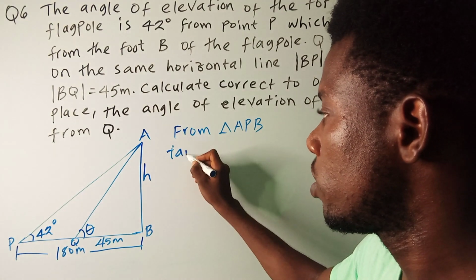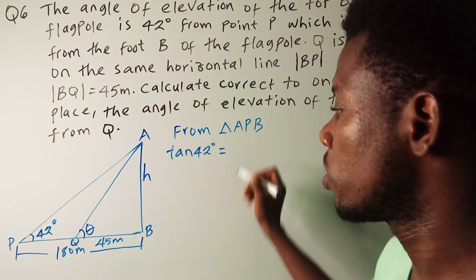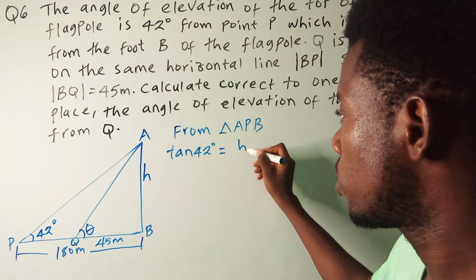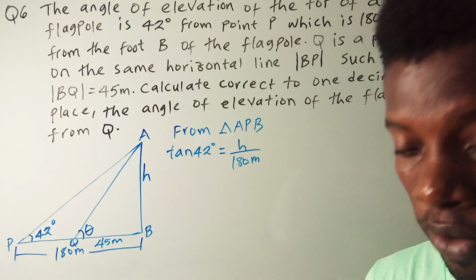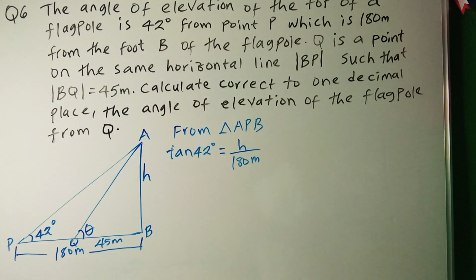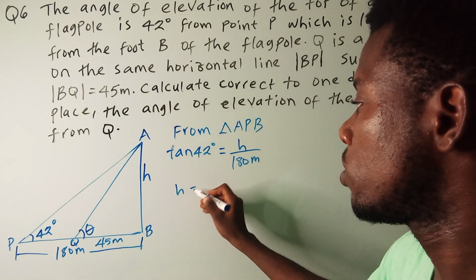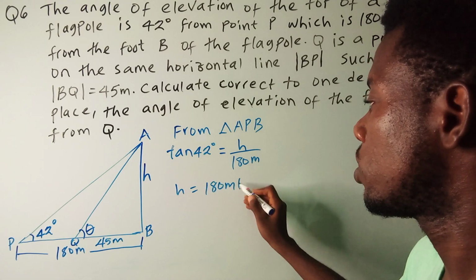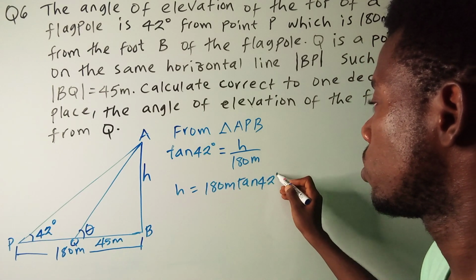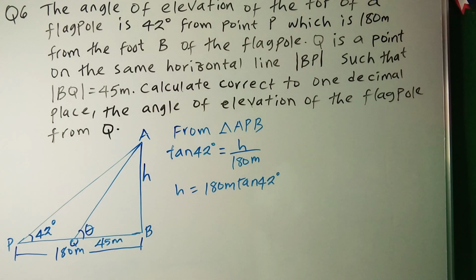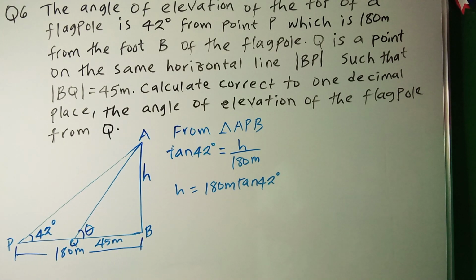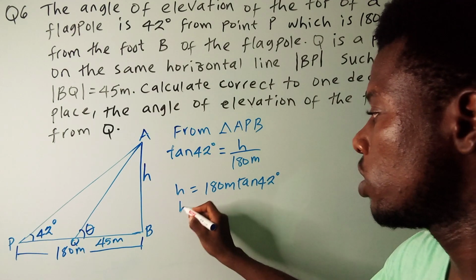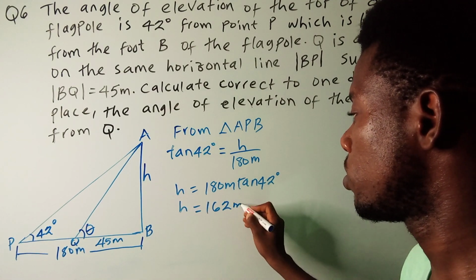Tangent of 42 degrees is equal to H divided by 180 meters. If I cross multiply, H is equal to 180 meters times tangent of 42 degrees. If you take a calculator and multiply 180 times tangent of 42, you should get 162 meters. So H is equal to 162 meters.